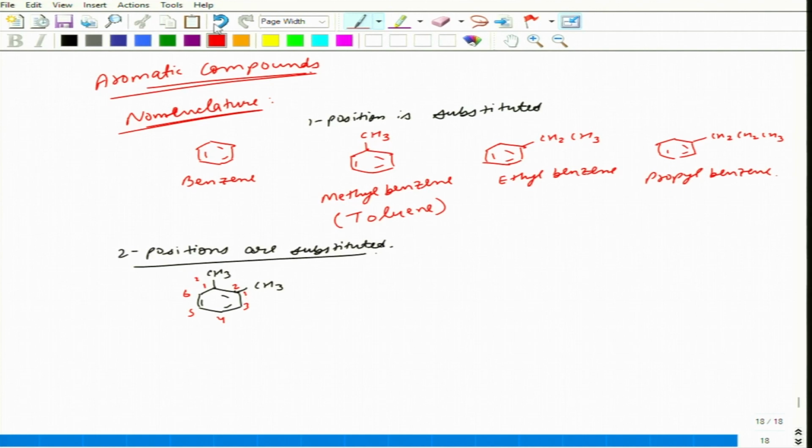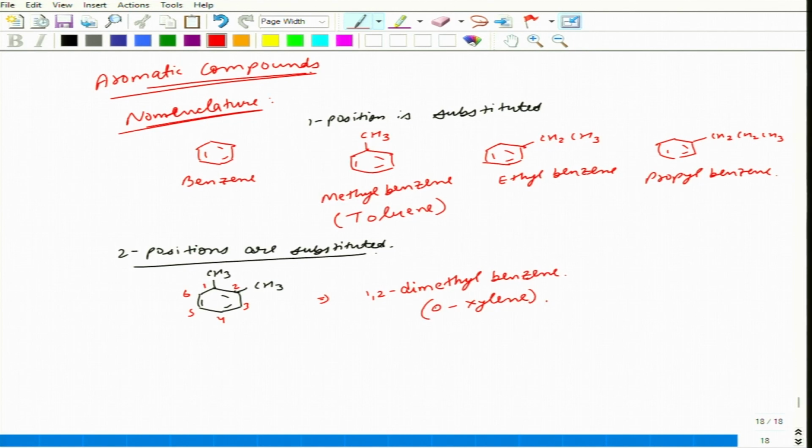So do the numbering as I told earlier, such that the substituents get the lowest numbers. There are two methyl positions, so it is 1,2-dimethylbenzene. This is also commonly known as orthoxylene.